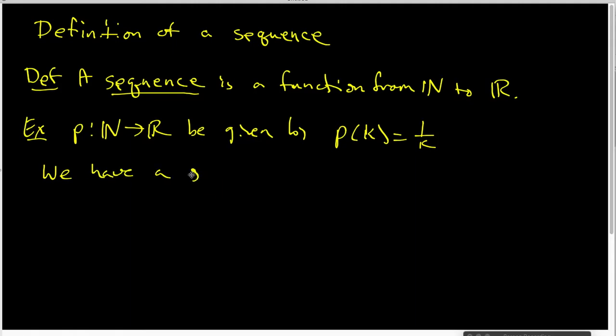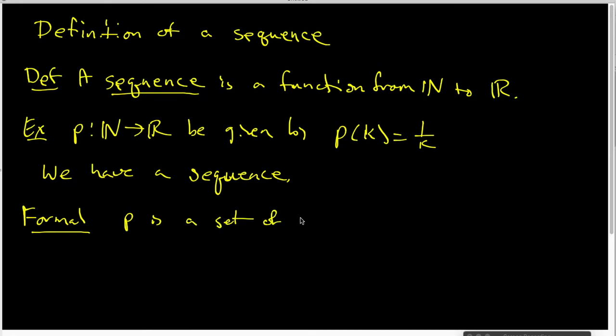So we have a sequence. Now, there are several ways that we can think about this sequence, most formally because it is a function. So I want to kind of get this idea down. The formal idea is that because this is a function, P is a set of ordered pairs. And the ordered pairs all look like k comma p of k.